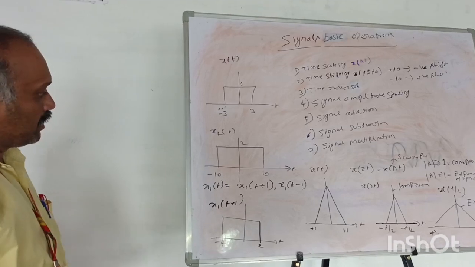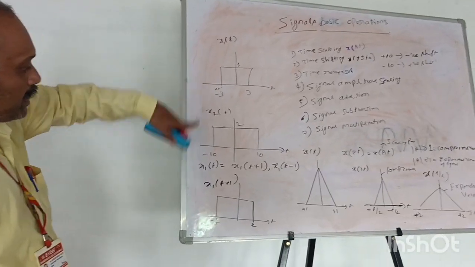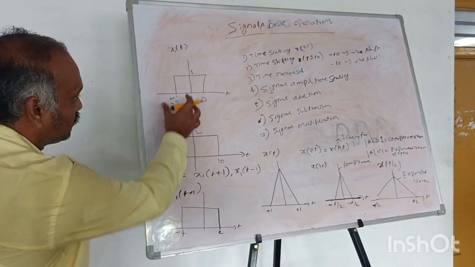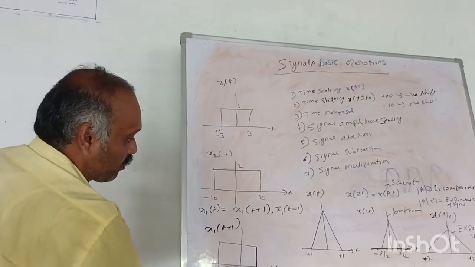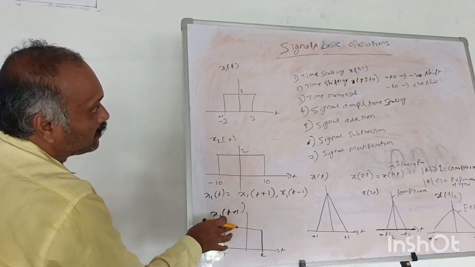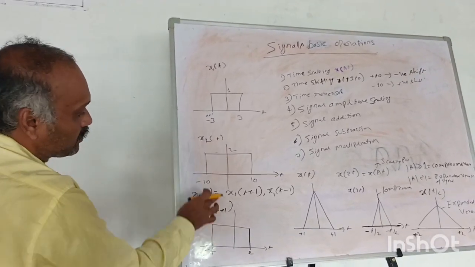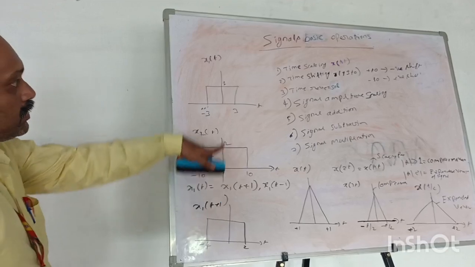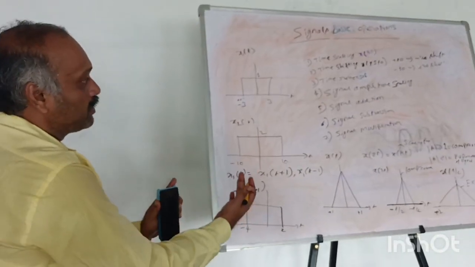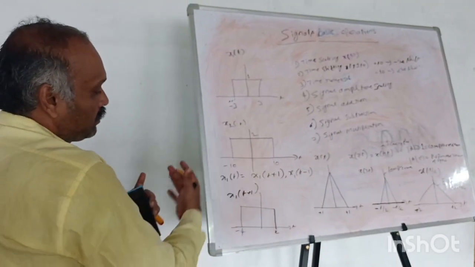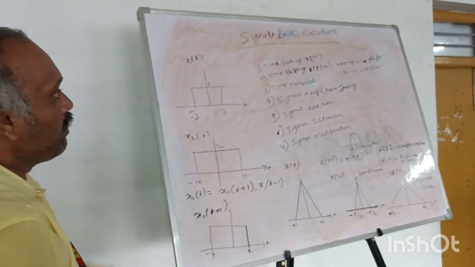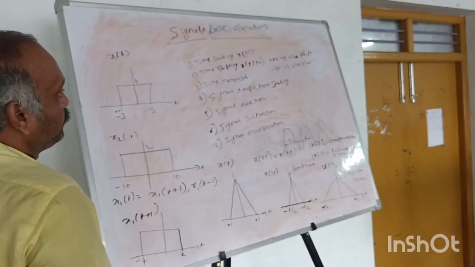Two important points to keep in mind in this operation: the width of the signal remains constant, and the amplitude of the signal also remains constant. In time shifting, the signal is only shifted by t naught, either towards the positive or the negative side, depending on the value of t naught.